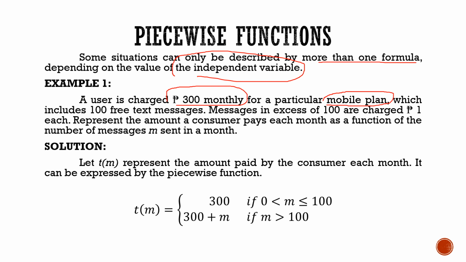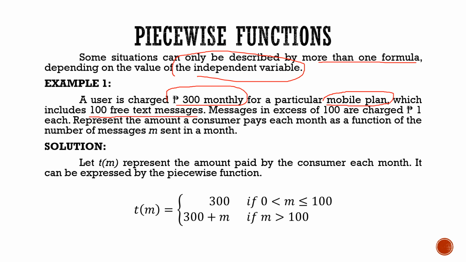It's a fixed value, no? Whether you use it or not, you're going to pay 300 pesos monthly because you applied for a mobile plan, which includes 100 pre-text messages.